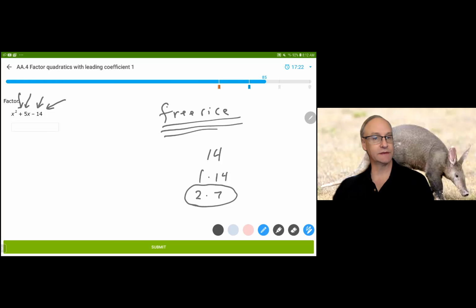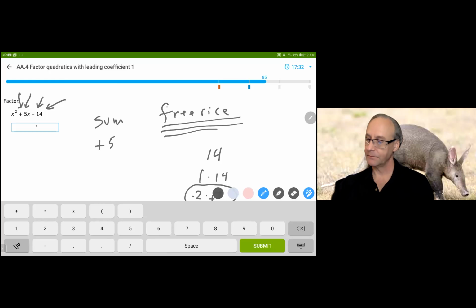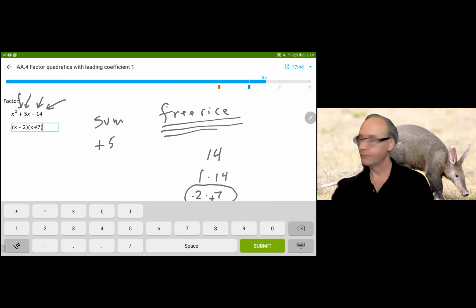Well, that's the 2 and the 7. And the larger is positive. And when I add those together, sure enough, I get my positive 5, which is my sum. So we're talking about x minus 2 and x plus 7. And there we go.